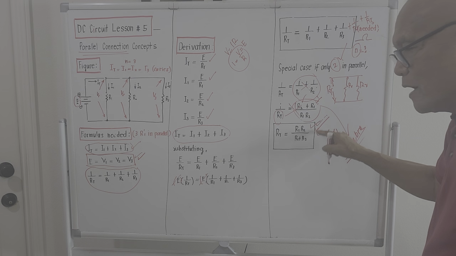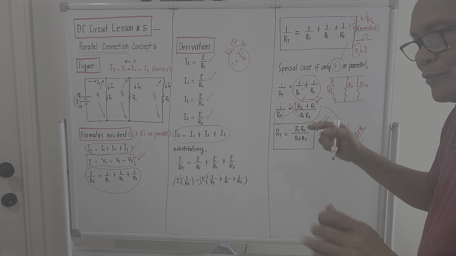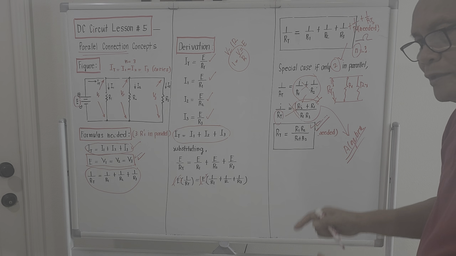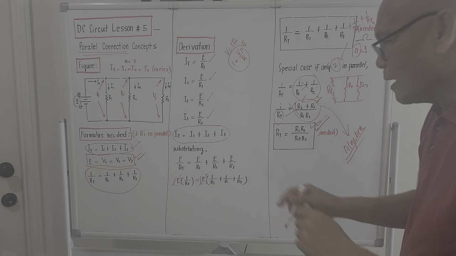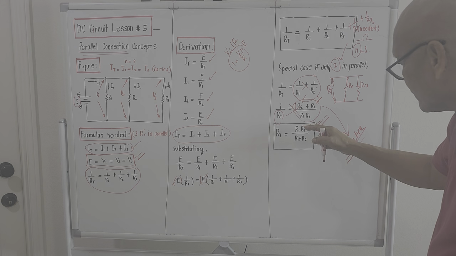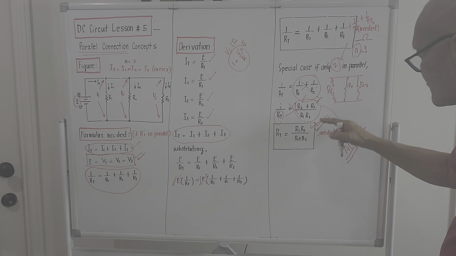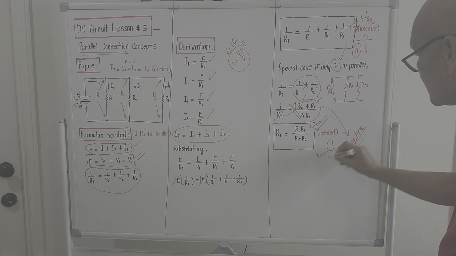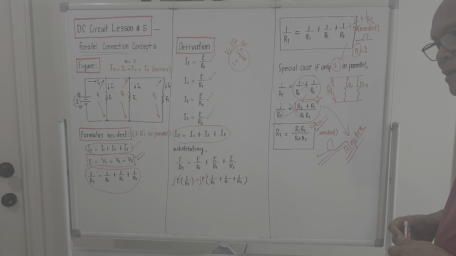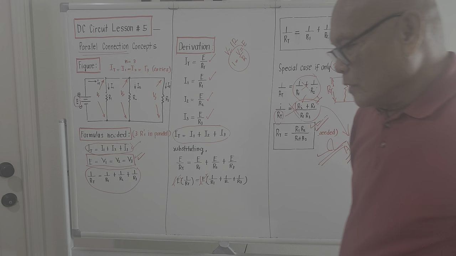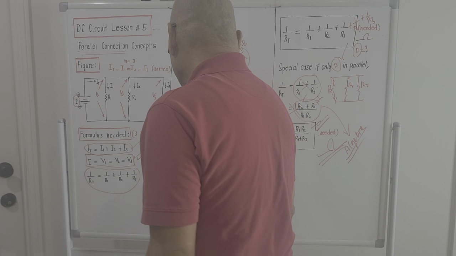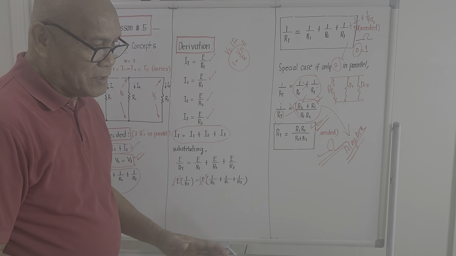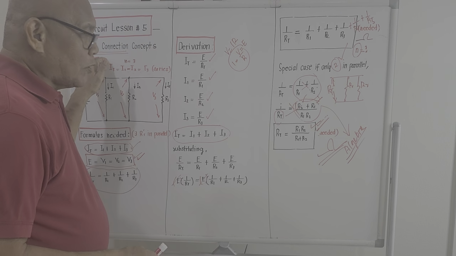This is the formula on how to compute for the single equivalent resistance if there are only two resistances in parallel. It will be the product of the first resistance times the second resistance all over the sum of R1 plus R2. This is in ohms. That's it, guys. I think these are just some of the formulas needed under the parallel operation concepts.